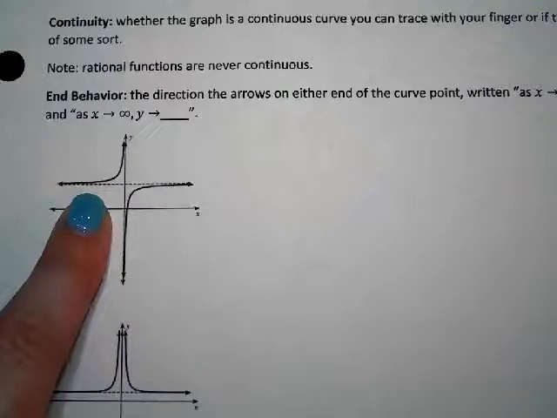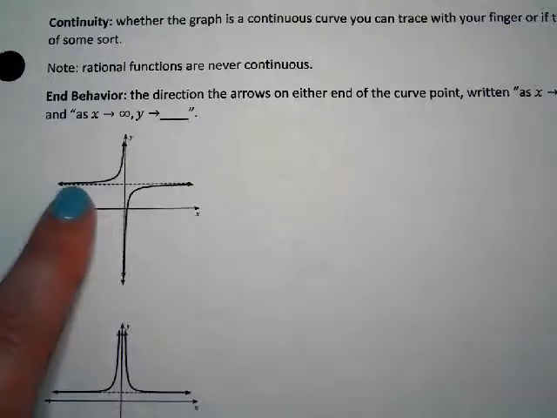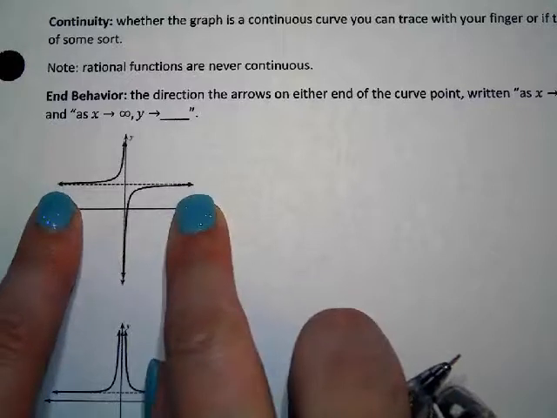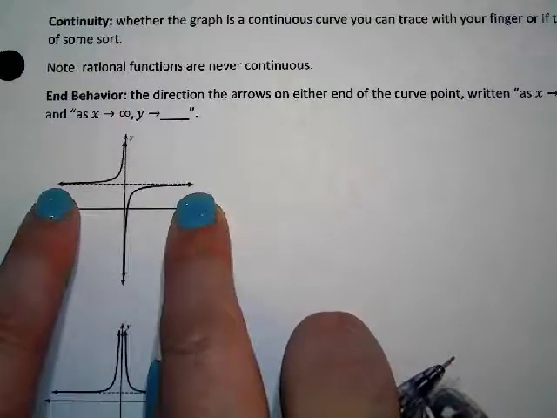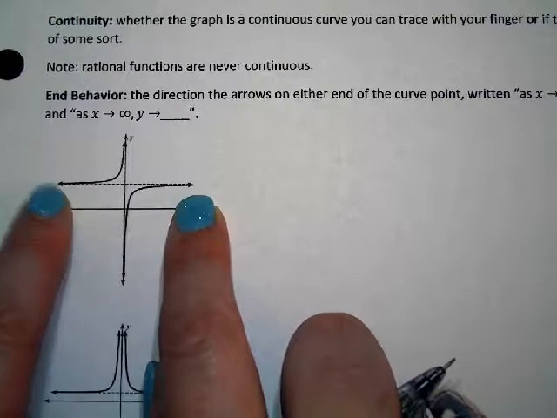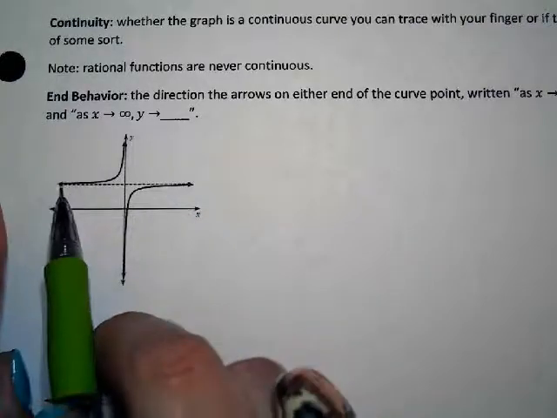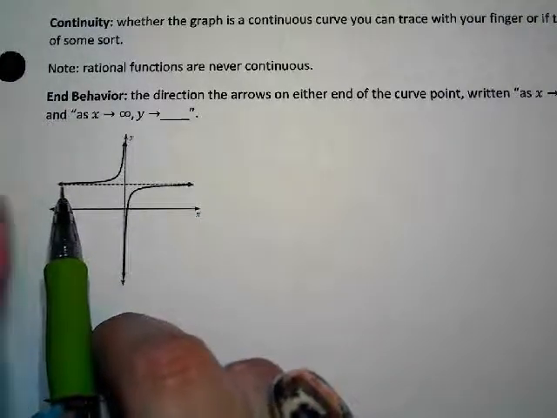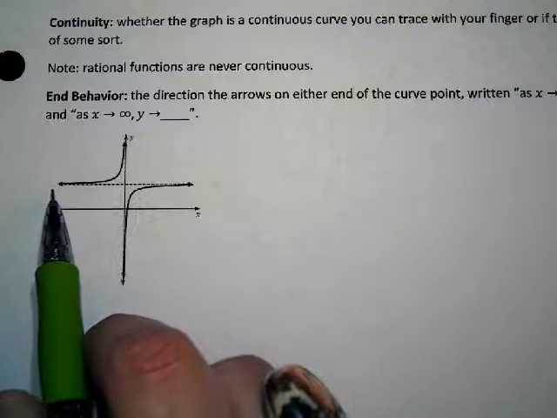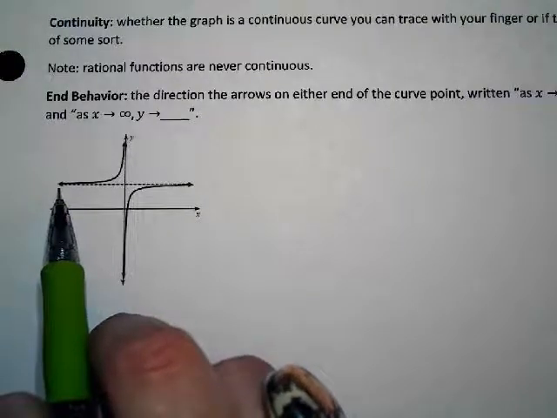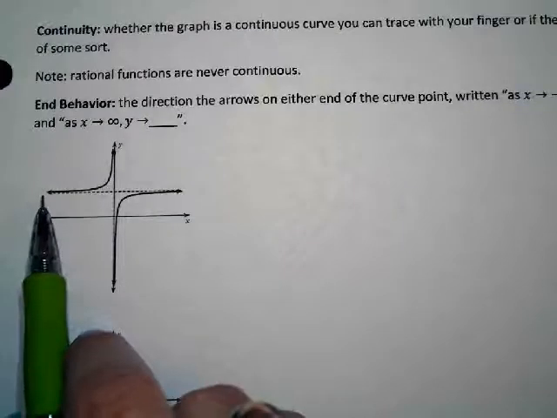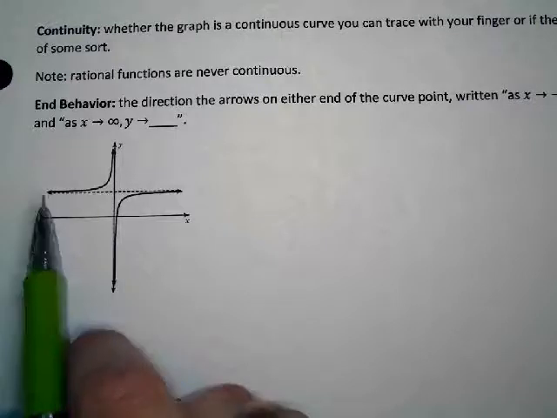Is it going down, though? It's leveling off. Where is it leveling off at? The asymptote. Which one? The horizontal asymptote. And what value is the horizontal asymptote always?